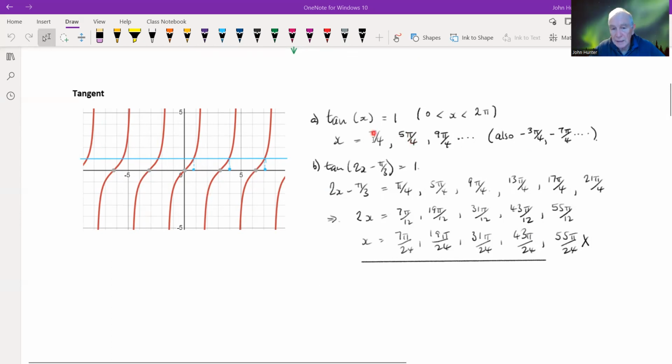So if we add pi to this, we get 5 pi by 4, and then another is 9 pi by 4, and so on. And of course, if we chose to go backwards, then in the negative direction we'd get minus 3 pi by 4, minus 7 pi by 4, and so on.